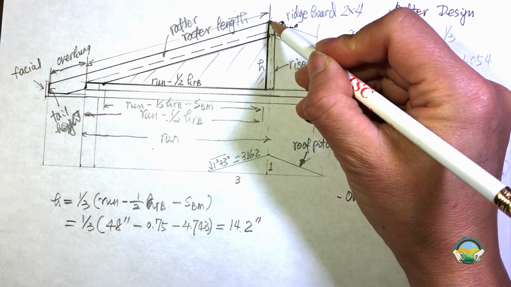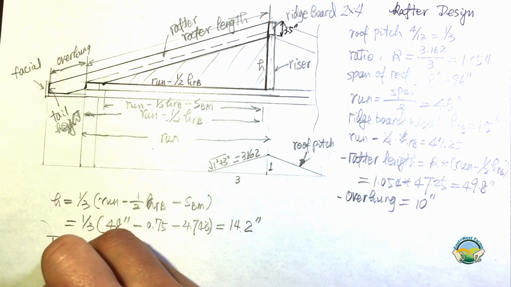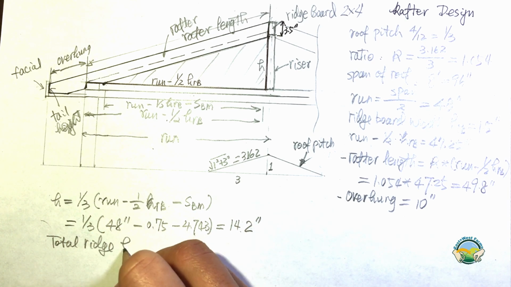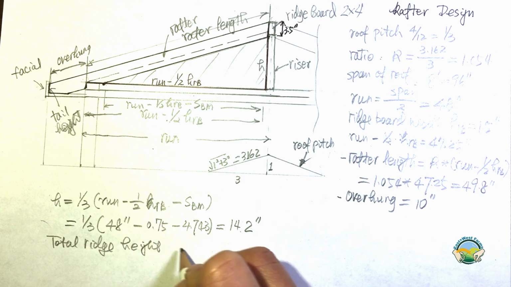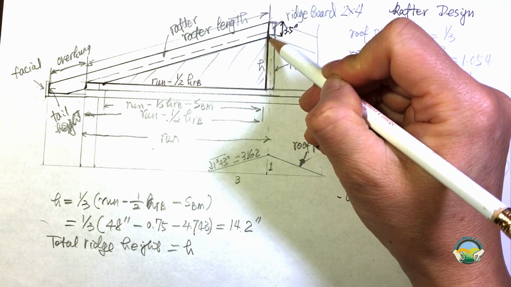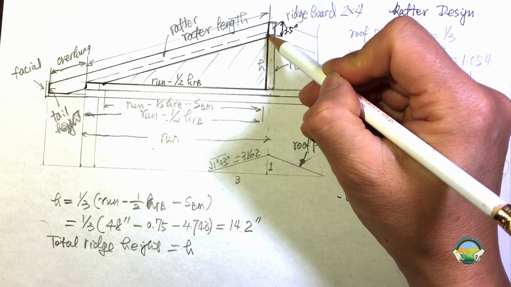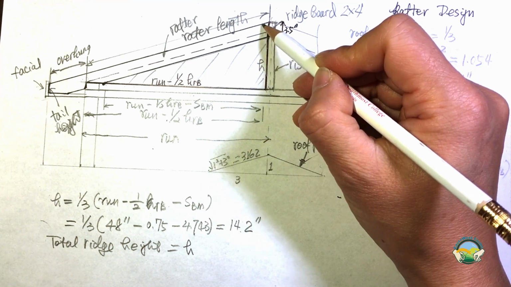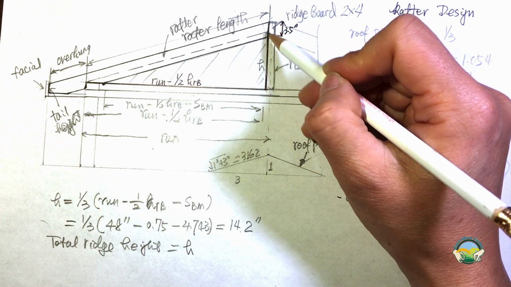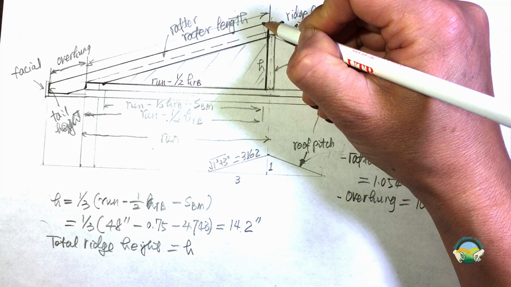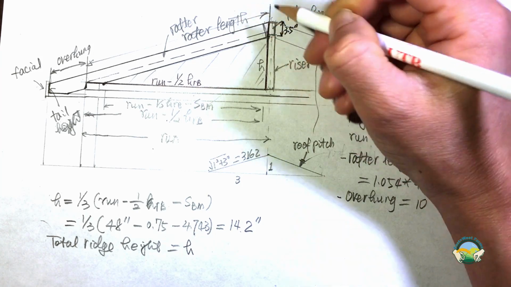Then the total ridge height is that dimension I just calculated plus the height of the rafter board, but it's at an angle. So basically it's the length of the plumb board. So again, I can use the triangle.